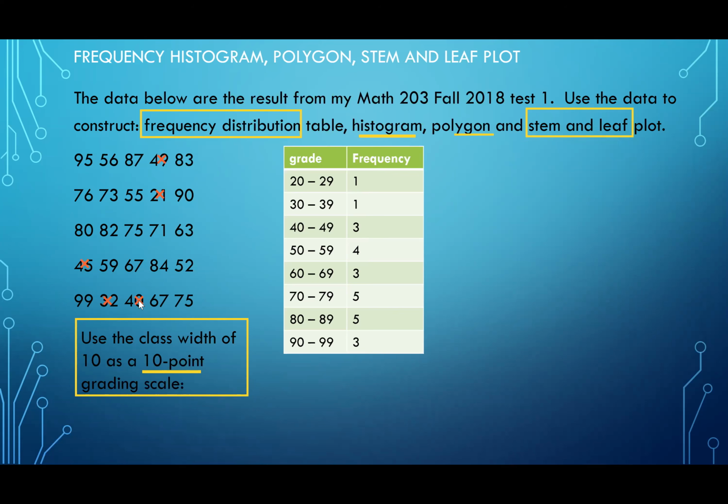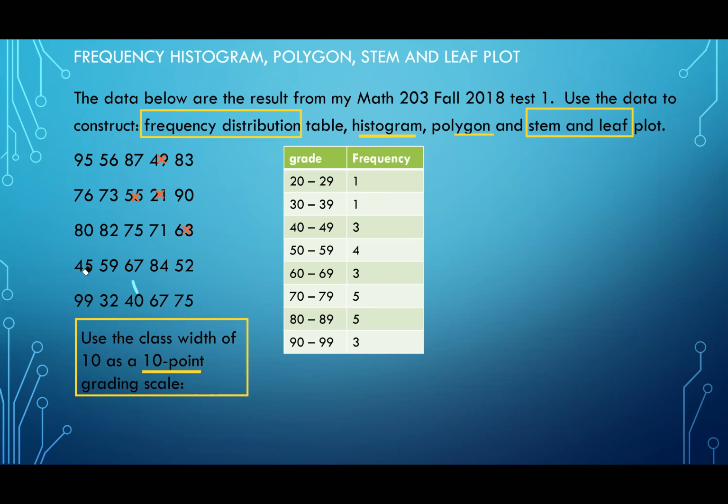I have 4 in the 50 range. I have my 60 range. I have 1, 2, 3, 3, right? And the 70 and so on and so forth. And that's how you find your frequency distribution table.